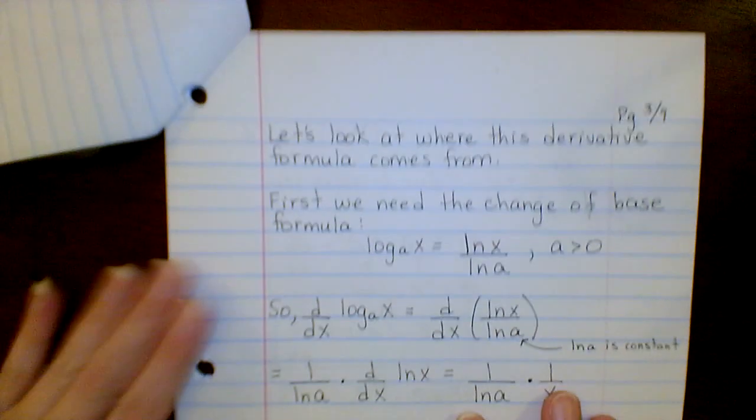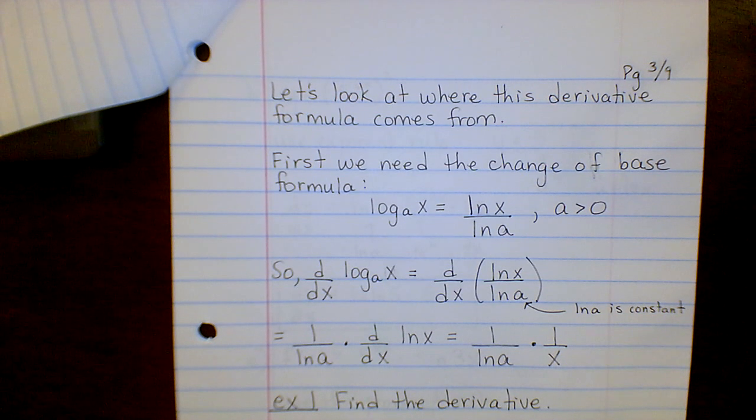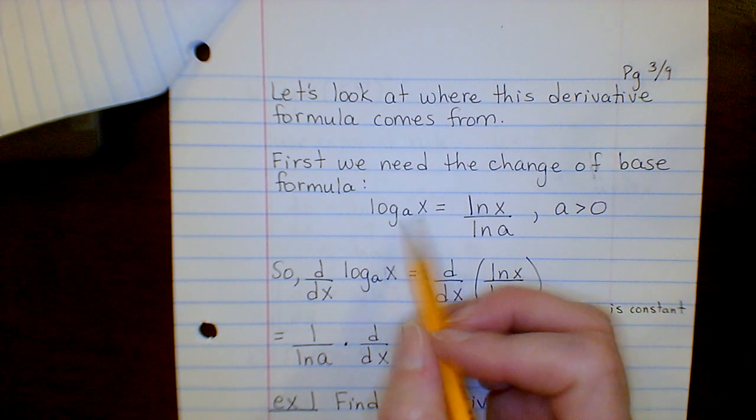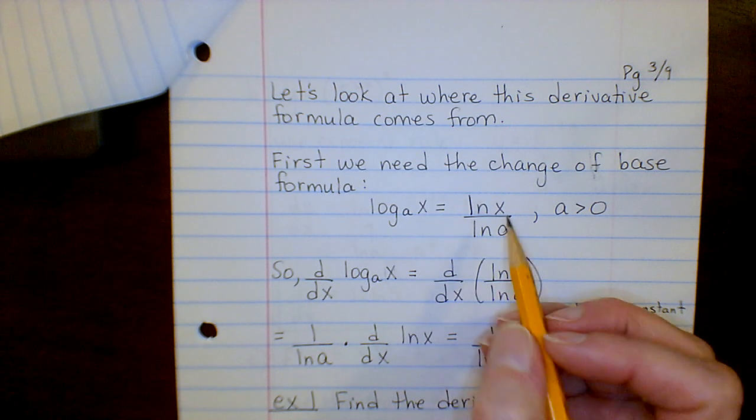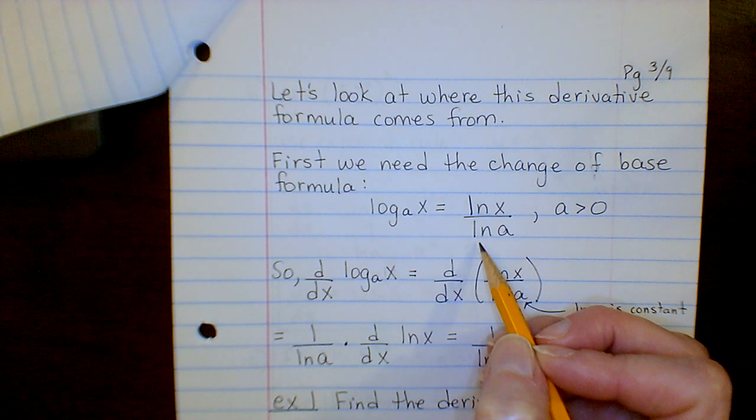All right, so let's derive this formula as well. First, we're going to need something called a change of base formula. You might remember this from college algebra, or it might have been a hot minute since you've seen it before. The change of base formula says that if you have log base a of x, you can rewrite it with any other base.